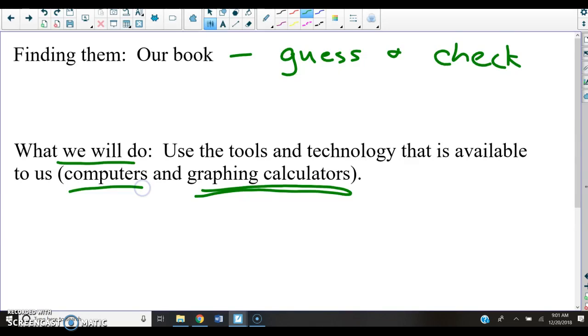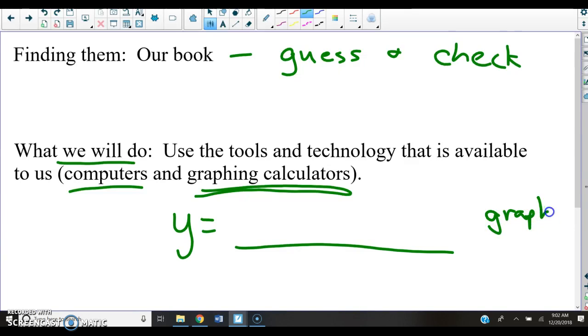And we're going to use the computer because I can use that to present here. But remember, on your calculators, you're going to go y equals, and you're going to type that in. And then when you hit the graph button, use a nice window. So maybe you want to use Zoom 4 or Zoom 6. And then you can see which ones look likely and then do what we're going to do next.